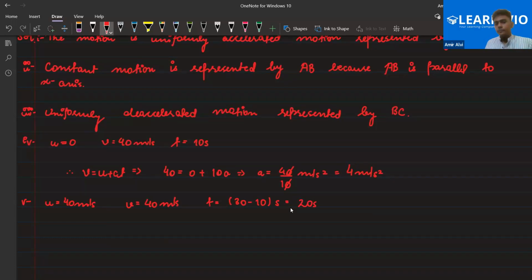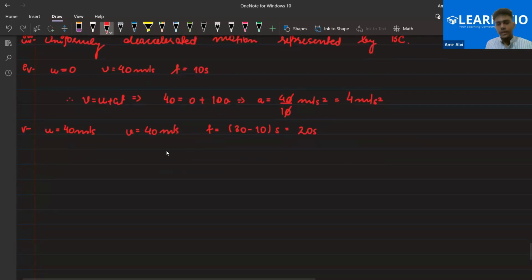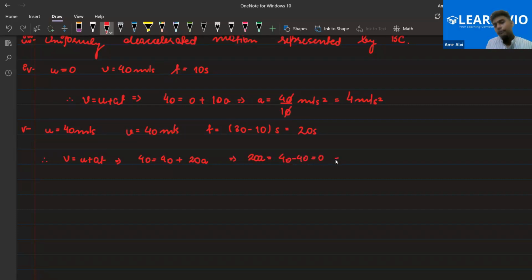Okay? Clear? So 20 seconds, and we have to find the acceleration. So v is equal to u plus at. What is your v? That is 40. v is also 40, u is also 40, plus 20a. So 20a is equal to 40 minus 40, which is equal to 0. So a is coming out to be 0.